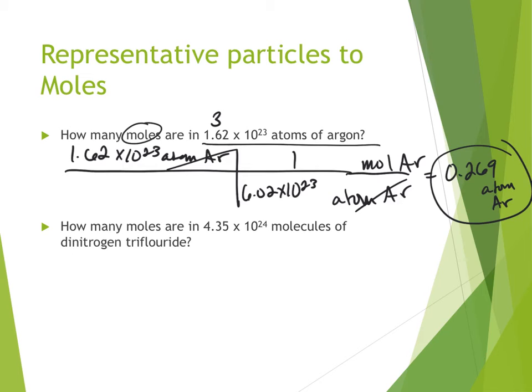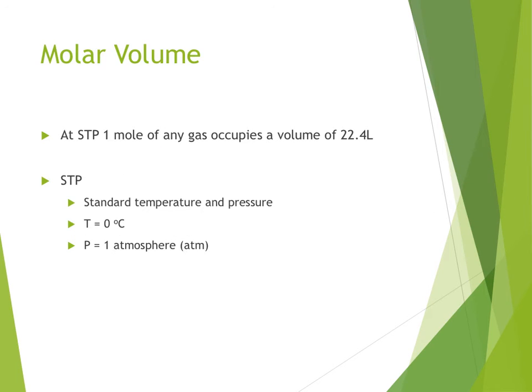Okay. When we're looking at volume, this is our final conversion factor. Our final conversion factor is 1 mole equals 22.4 liters. And that's of any gas. Doesn't matter the identity of the gas. Any gas is going to occupy 22.4 liters at STP.